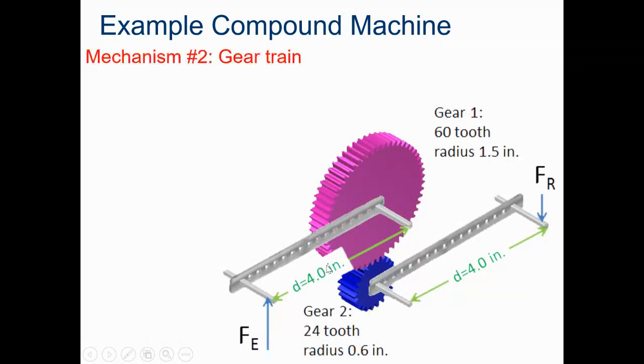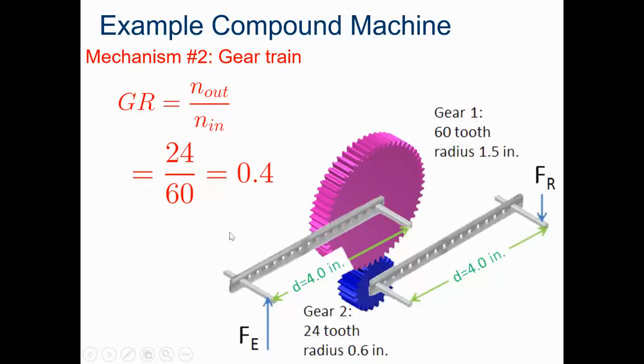So it's going to be the 24 teeth divided by the 60 tooth. And so we get 24 over 60. And that one's 0.4. So that is less than 1. So that's going to be a situation where we're getting less output torque, but we're getting more output speed. So this bottom one's going to turn faster than this bigger one is, but we're going to have less torque. So we're losing torque, but we're gaining speed.